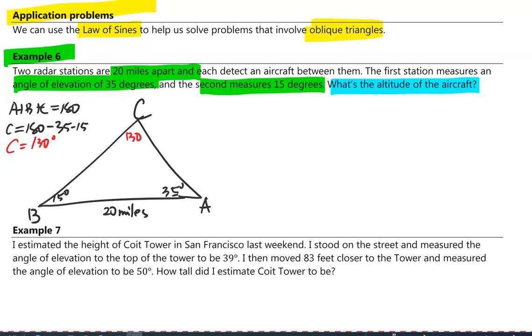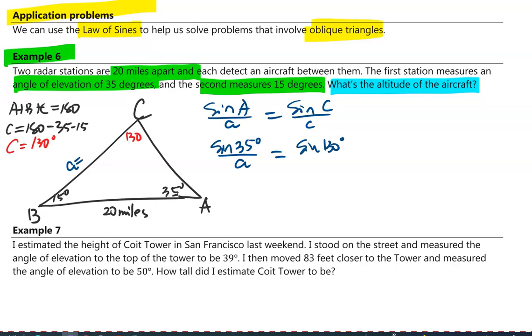So you can use law of sines to solve for side A. So we're going to use sine of angle A over side A is equal to, we have now angle C, so sine C over side C. So that is sine of 35 degrees over side A is equal to sine of 130 degrees over 20.